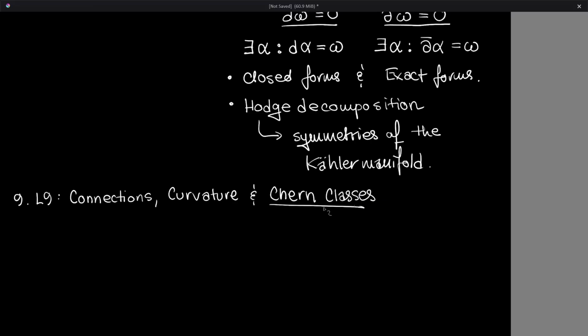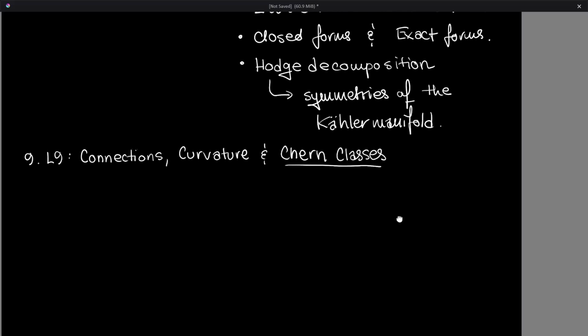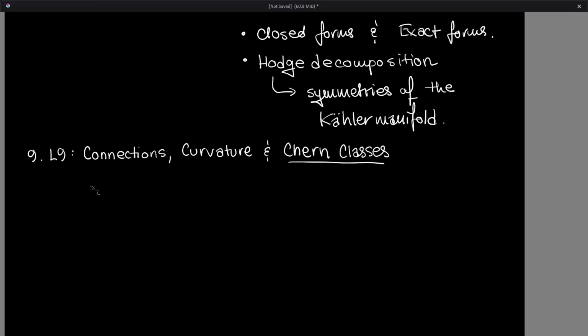So these are very directly relevant. One way to see the importance of connections is that we need a connection to define a curvature, and then we need a curvature to define a Chern class. But even before that, connections are important because we wanted to define the Chern connection, which would be important to Kähler manifolds.